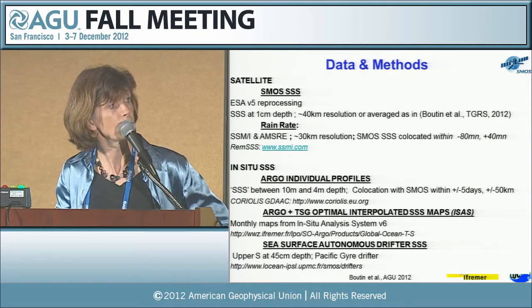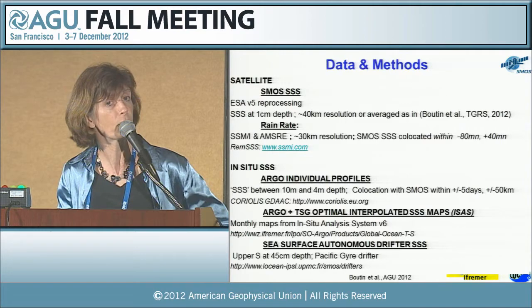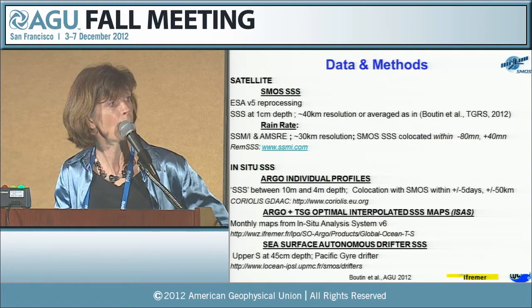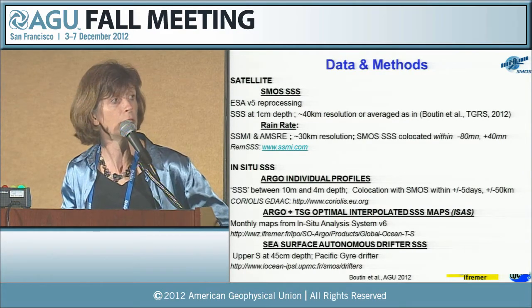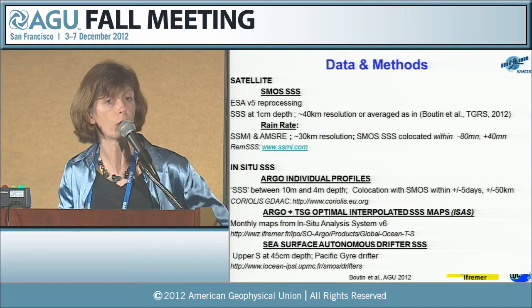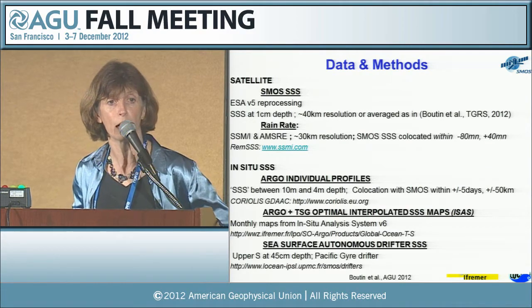We use also interpolated sea surface salinity maps derived using the in situ analysis system at IFREMER and LPO. And we use also some data from the sea surface autonomous drifter that was deployed in the tropical Pacific Ocean by our colleague at Nouméa IRD.